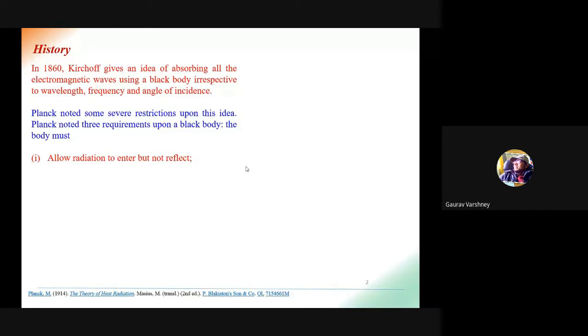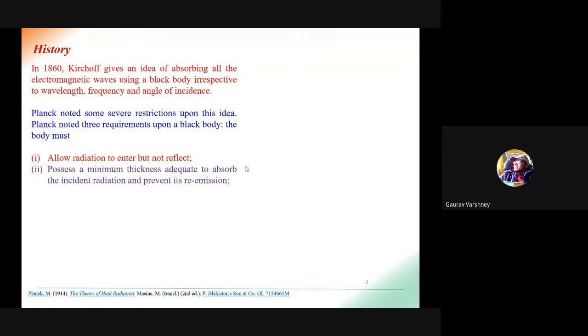That black body, which is being utilized as the absorbing unit, may allow radiation to enter, but it should not reflect. No electromagnetic wave should be reflected back from the black body. So this was the first condition that was imposed by Planck over that physics that was given by Kirchhoff.